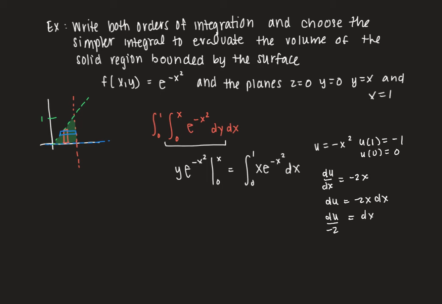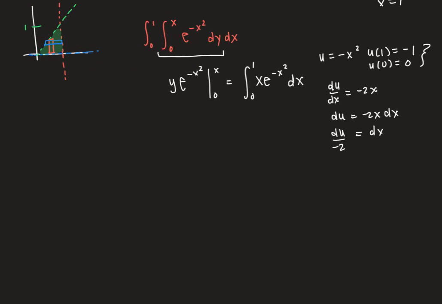Notice how my integrand is going to be upside down, so I'm going to have to flip that too when we get there. So now I'm going to do it on the left here. I've got the integral from 0 to negative 1, x e to the u du over negative 2x. Left out the x there.